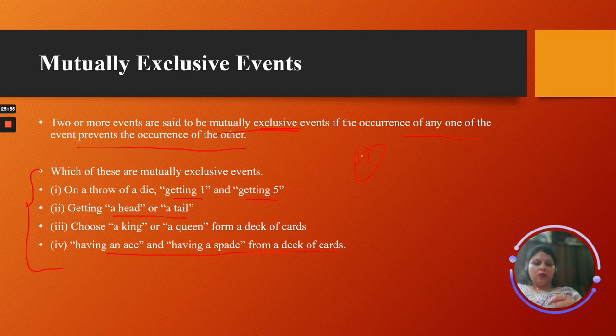Finally, let's go through this example of how to find the probability of mutually exclusive events. We want the probability of getting 2 or 5 on the die. The probability of getting 2 is 1 over 6, and the probability of getting 5 is again 1 over 6, with a total of 6 outcomes and 1 favorable outcome.